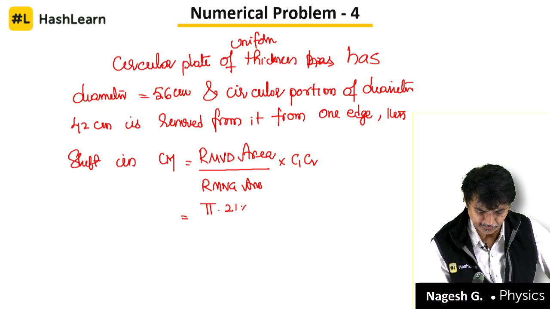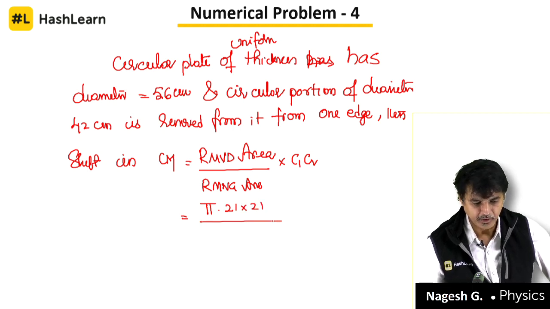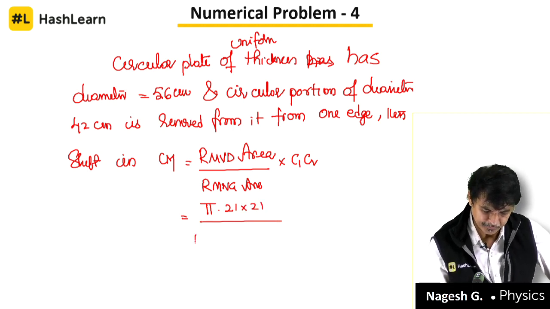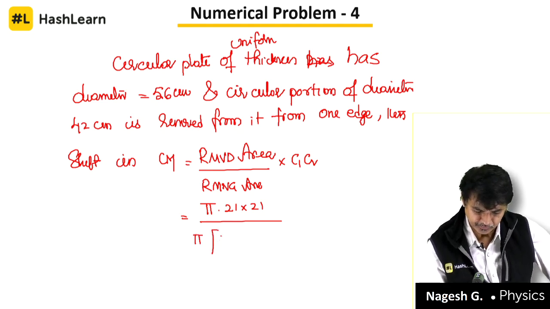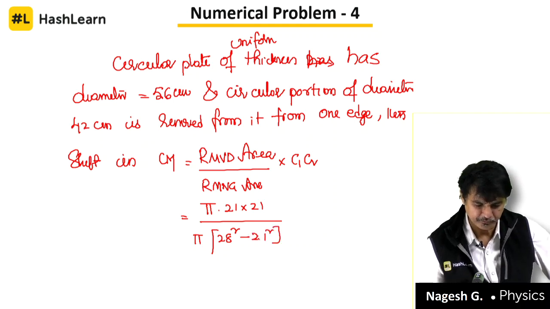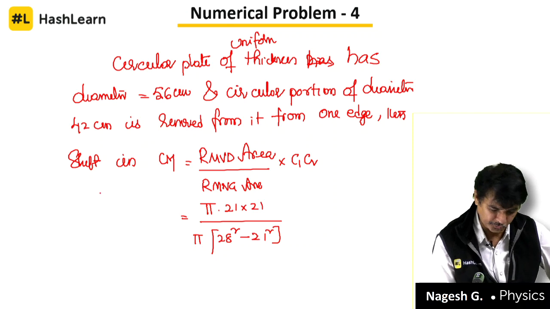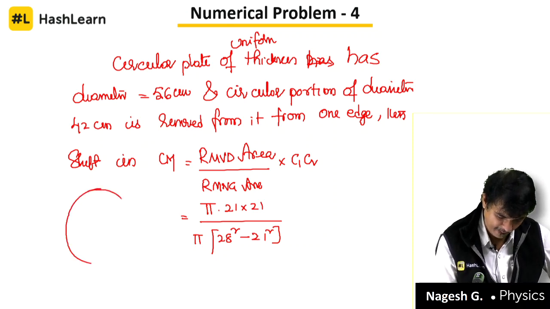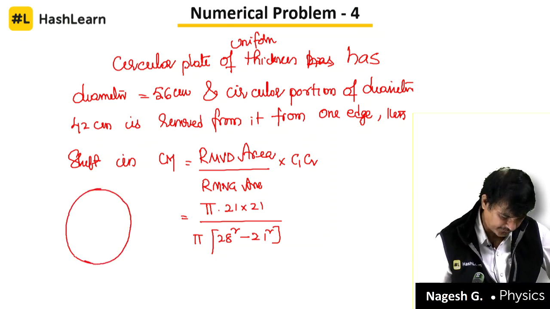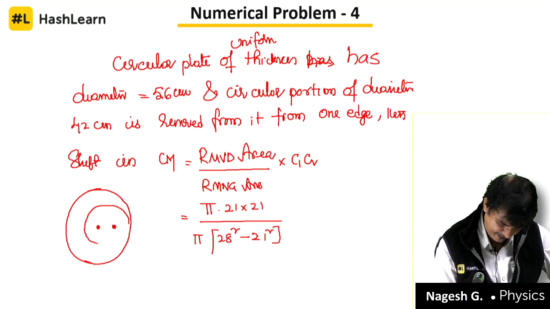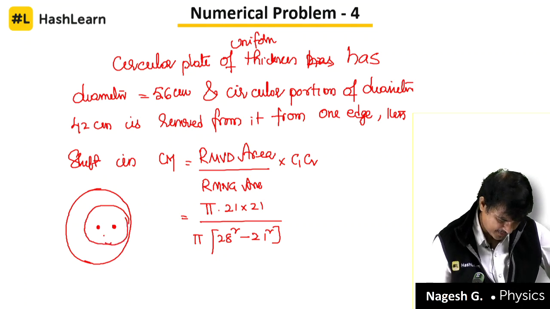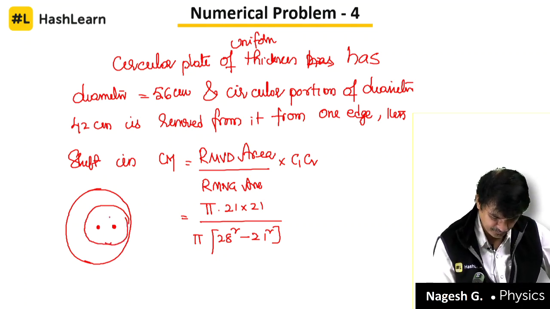Pi into 21 into 21 by remaining area pi into 28 square minus 21 square, and the distance between the two centers. This is a big plate, and this is a small plate.